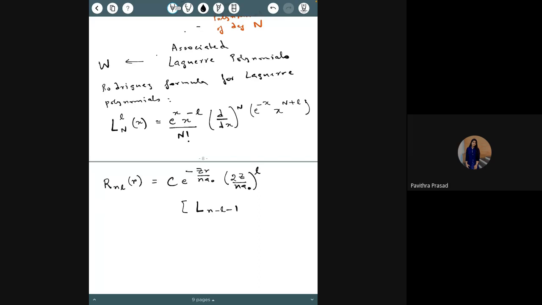So that's basically capital N, and then 2l plus 1 of 2z by na0 r. And C has the value. This is coming from the normalization of R, capital R. Z minus 1 by 2 and then plus L factorial.